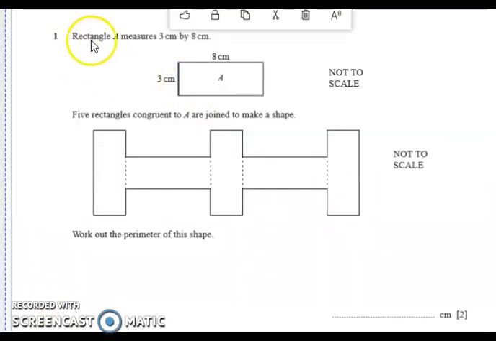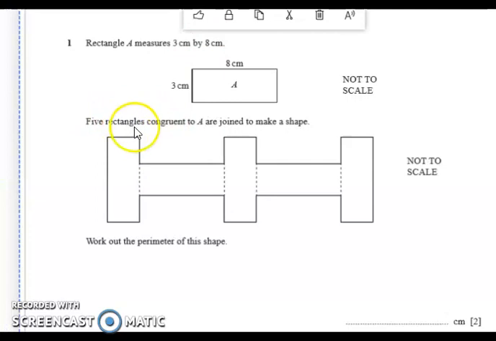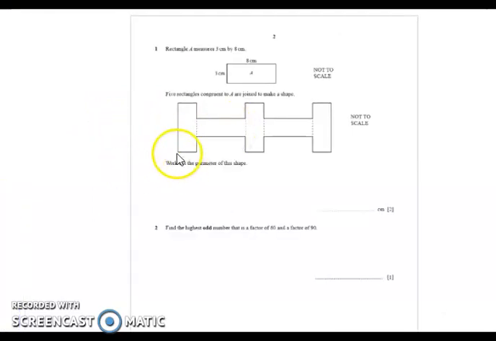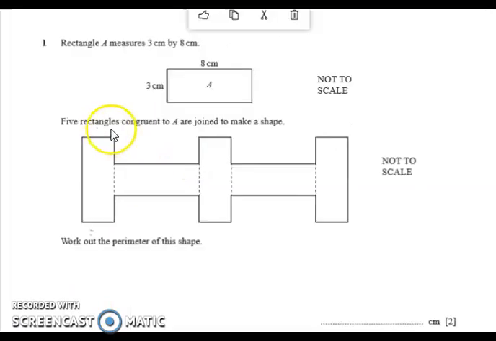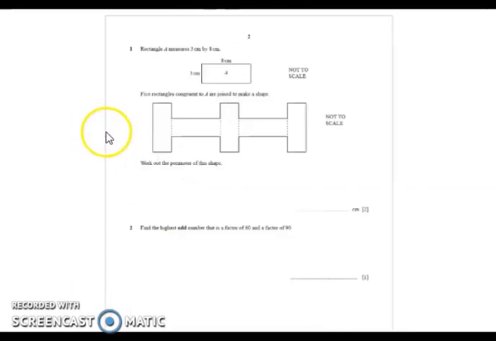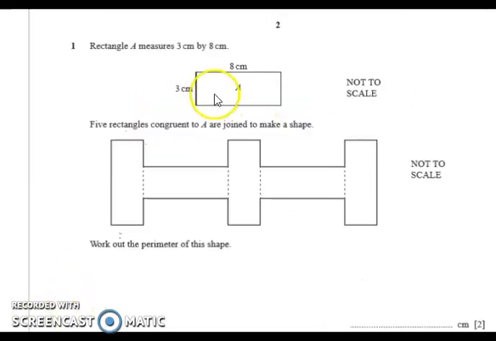Okay, the first question: rectangle A measures 3 centimeters in width and 8 centimeters in length. So here we are going to calculate. Here will be 3 centimeters.